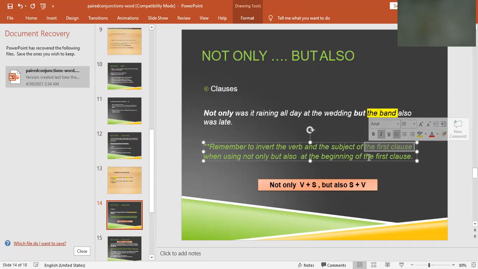Now, when we have clauses, we do the subject verb inversion when using not only but also at the beginning of the first clause. You look at the form: not only, verb, of course an auxiliary verb, is, are, am, or a modal, or do, did, does, then subject, but also subject verb, not verb subject.